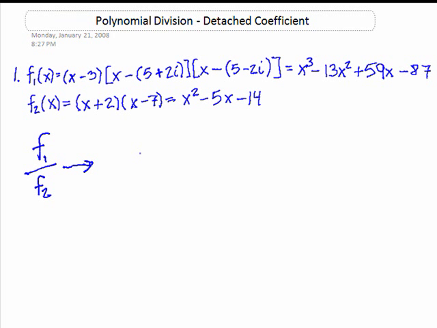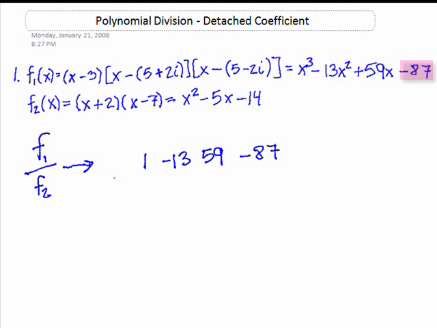First, I'm going to write down the coefficients of the dividend polynomial across, left to right, unchanged. So we're going to start off with 1x cubed minus 13x squared and 59x and negative 87.